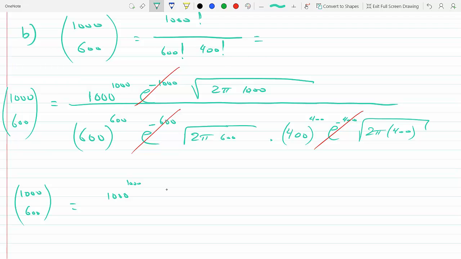Okay, so let me show you what we're gonna do here. This is the multiplicity of getting 600 heads. So I'm gonna get 2 pi.